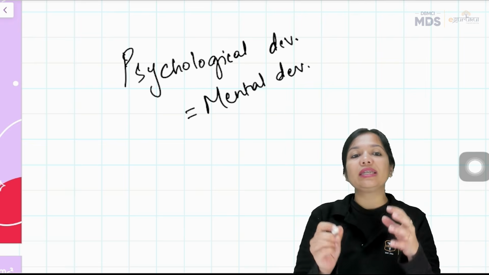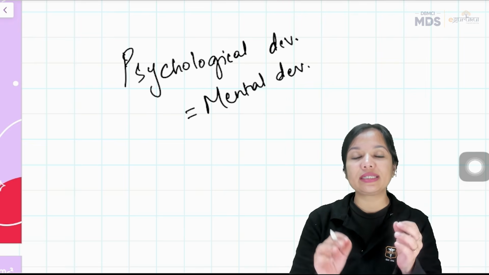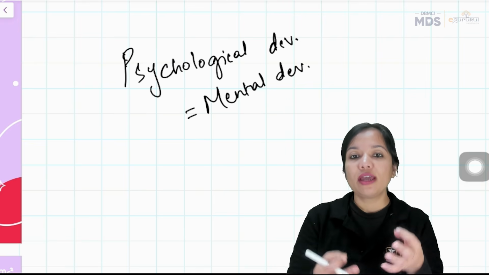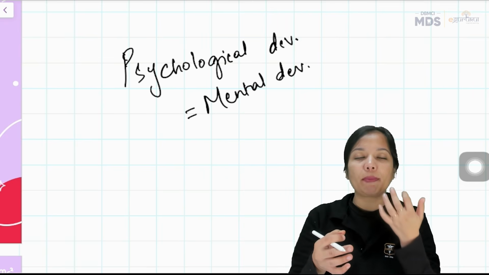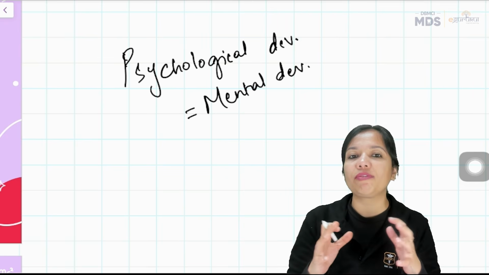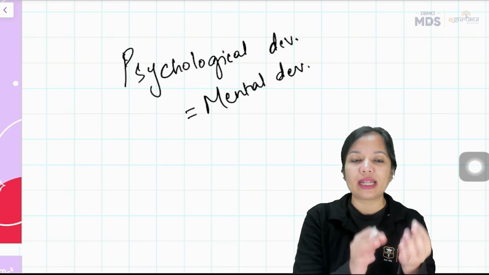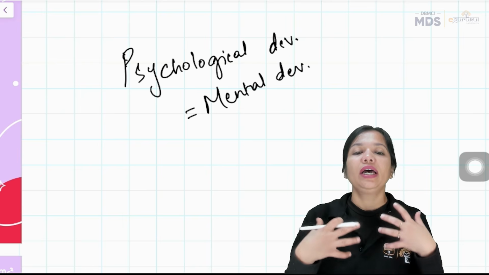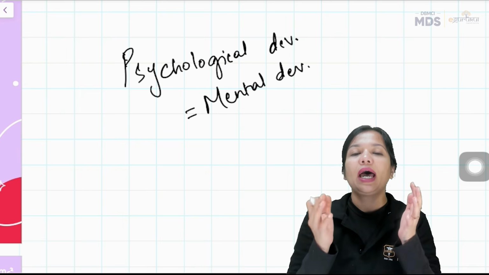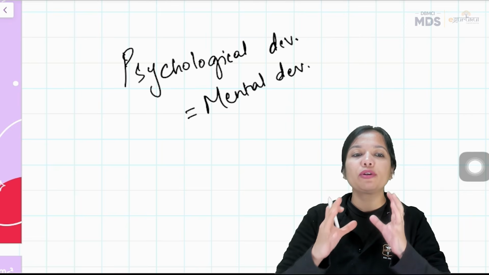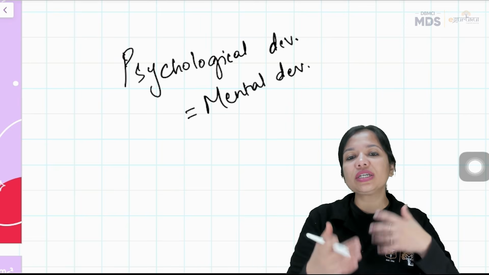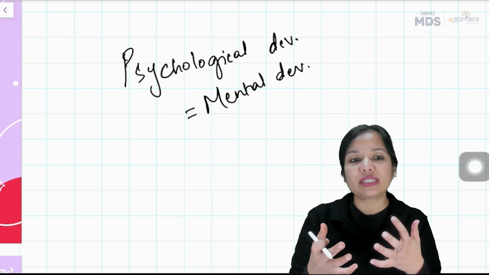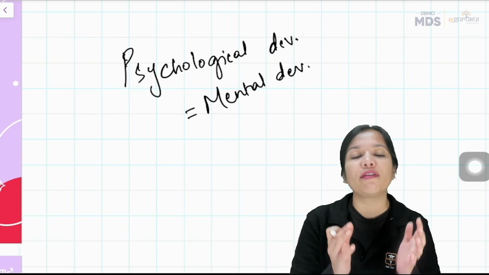Basically, psychological development is a dynamic process which begins at birth. It does not begin when the child grows up. It begins at the moment a child comes into this world, at the time of its birth, and proceeds in an ascending order through a series of sequential stages manifesting in various characteristic behavior.